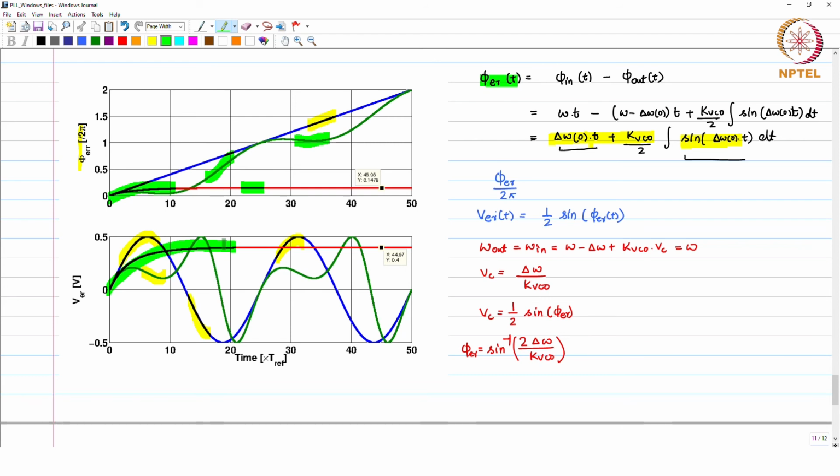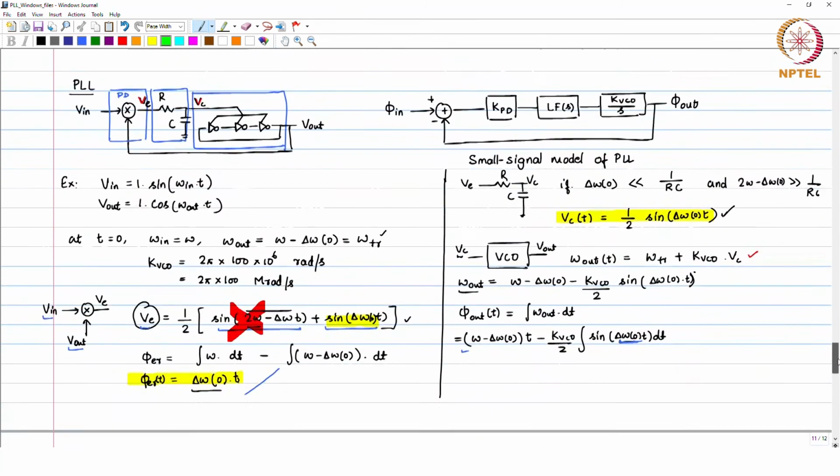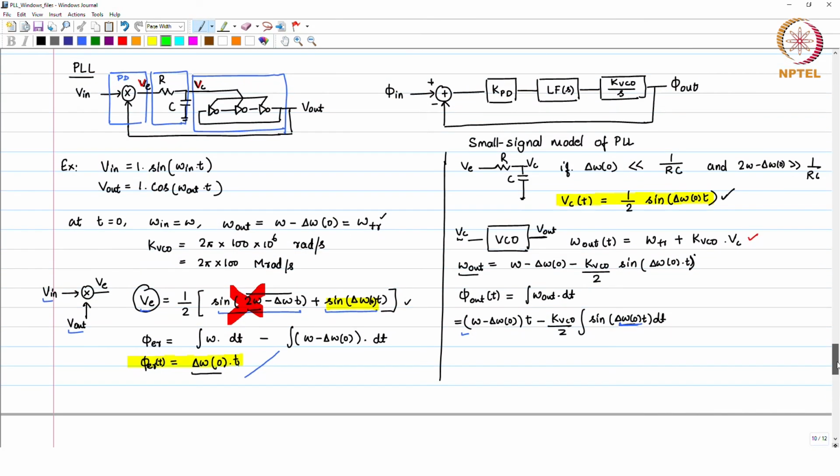So, what you can find from here is that once you reach the control voltage which compensates for the frequency error, you will at the same time also have certain phase error which is non-zero at this particular stage.